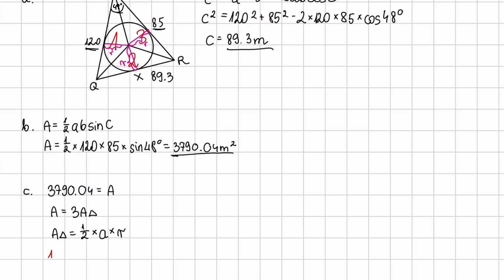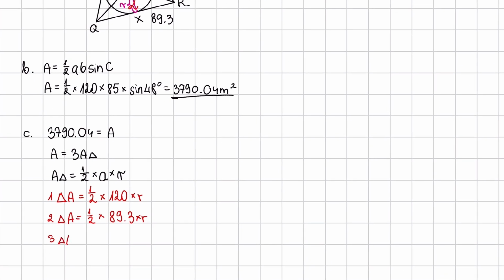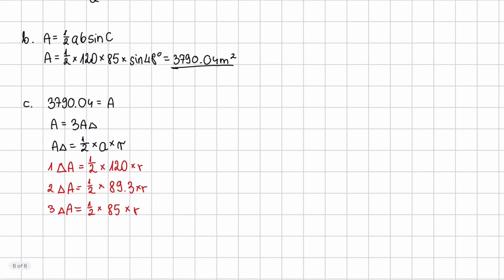Our first triangle has area 1/2 times 120 times R. Second triangle, 1/2 times 89.3 times R, and third triangle, 1/2 times 85 times R. So we have the area of each triangle, and we know that the total area is this, so 3790.04 equals the sum of these areas.